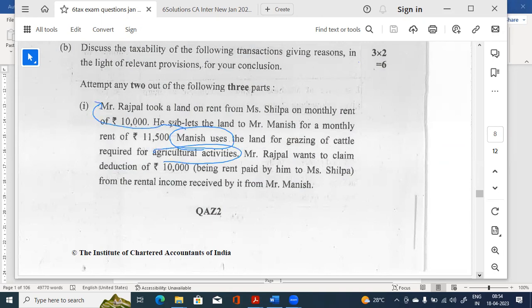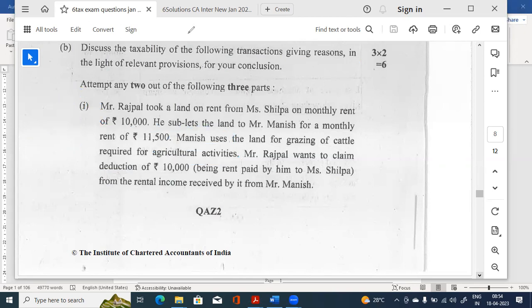Therefore, does that rental income also take the character of agricultural activity? Now, if it does, then income in the hands of Rajpal will be exempt. Therefore, even the expenditure cannot be claimed because income itself is exempt, by virtue of section 14A. So let us see what it says.